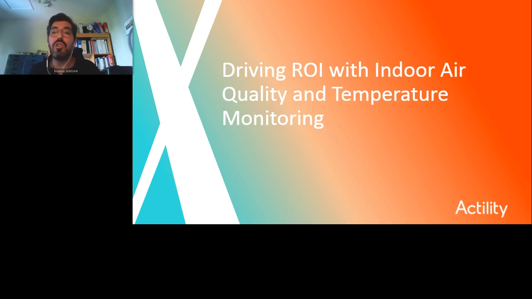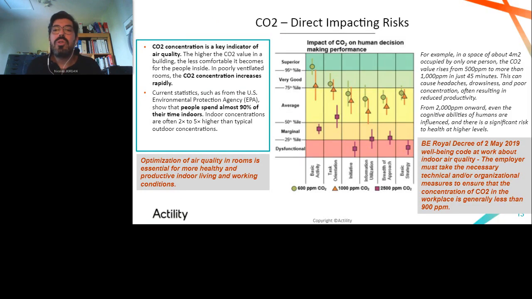Now I'm changing the subject and talking more about air quality and temperature monitoring. Before, again, you have to understand exactly what you are talking about and the impact. With CO2 concentration in the room, in the buildings, the more CO2 concentration you have, the less comfortable it is for the people inside.